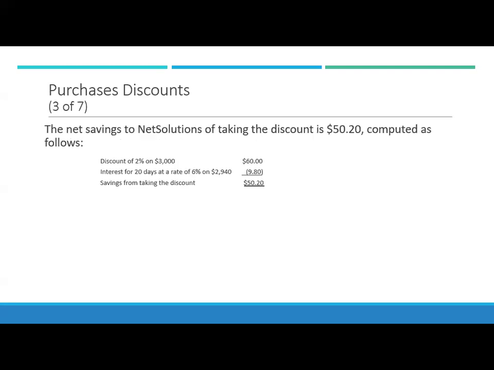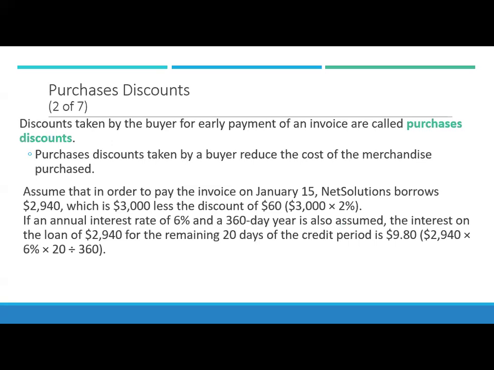So in this example, Net Solutions is able to borrow money at 6%. You can imagine it as a business line of credit or a credit card or something like that, where they have a 6% interest rate and they can borrow at 6%, pay on day 10, and then hypothetically pay back the line of credit on day 30, when the no-discount due date is.